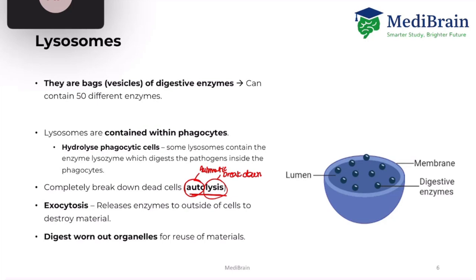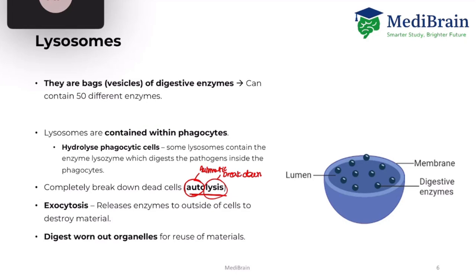So if there's something that is not required within the body, the lysosome can release a specific enzyme outside of the cell. Then that enzyme can go and attack whatever shouldn't be there. It can also digest worn out organelles for reuse of materials. It can release a specific enzyme that digests worn out organelles that are no longer carrying out their function, so they can be replaced with a more useful organelle.